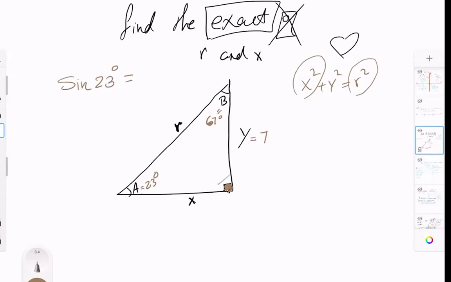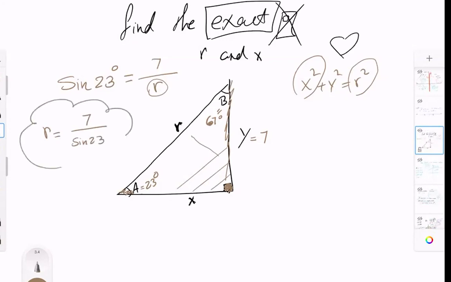On the right triangle, sine of this angle equals 7 over r, opposite to A, 7, divided by the hypotenuse. We just learned it, right? Okay. So we are looking for r. R will be 7 over sine of 23. Because they said exact, you will leave it like this. That's the answer for r.